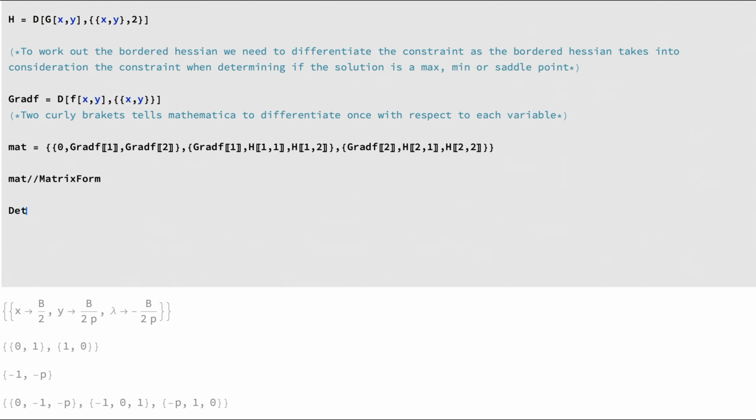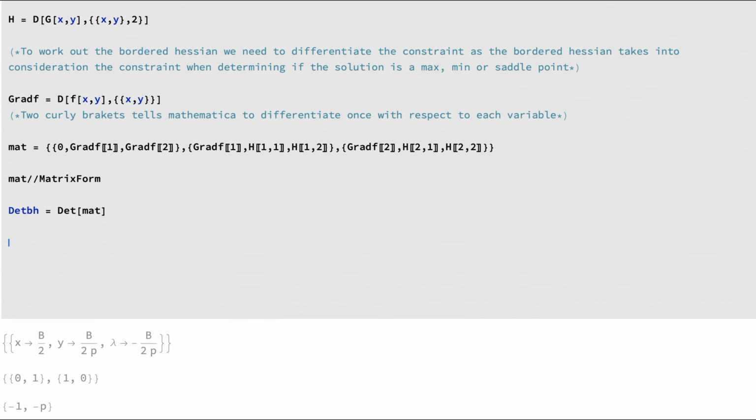In order to do that, we have to work out the determinant. So the determinant of the bordered Hessian is equal to the determinant of the matrix mat. And we're using an If command. If we assume that p is greater than 0, because that's what's given in the question, we can simplify the determinant.